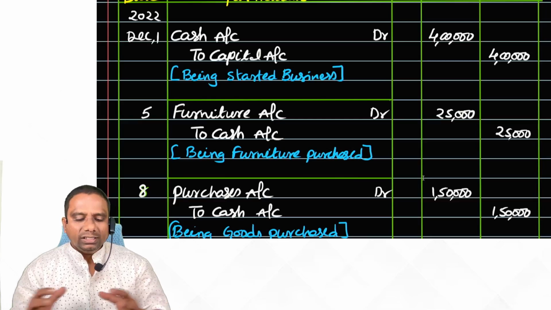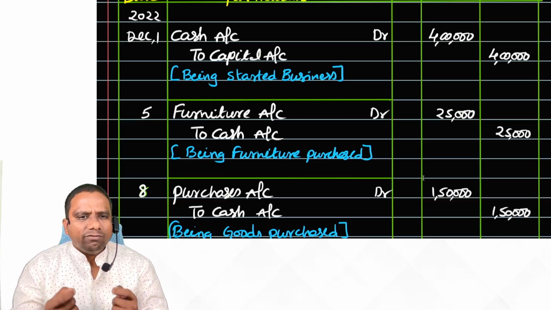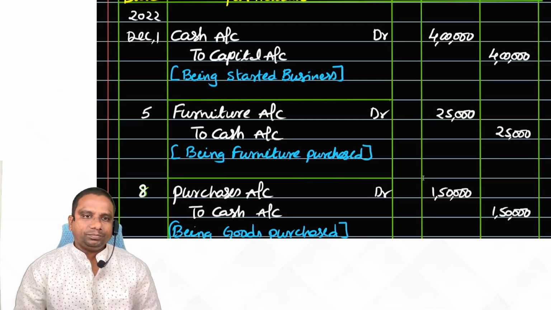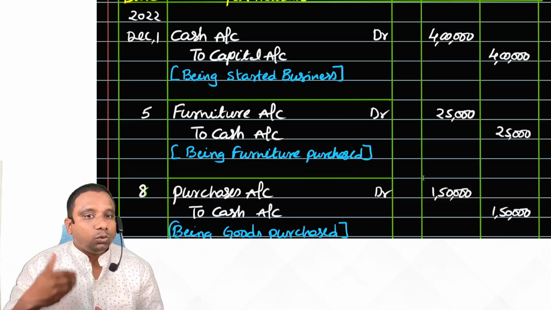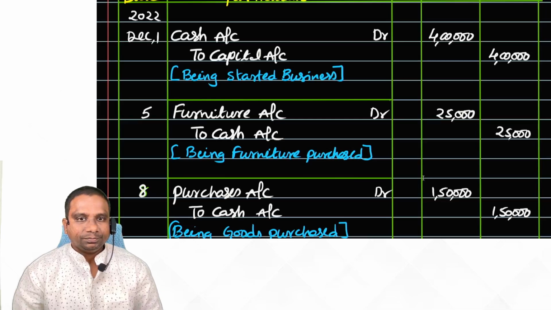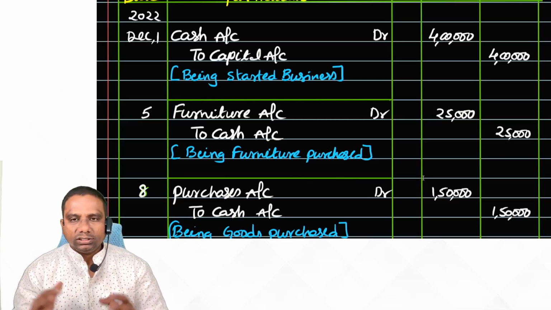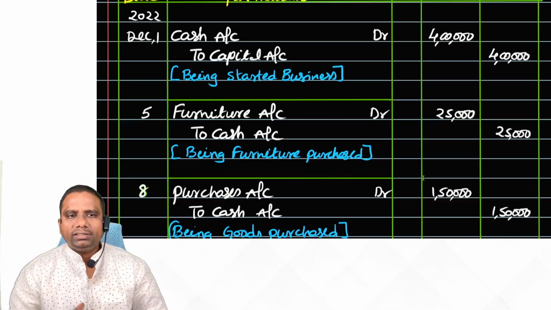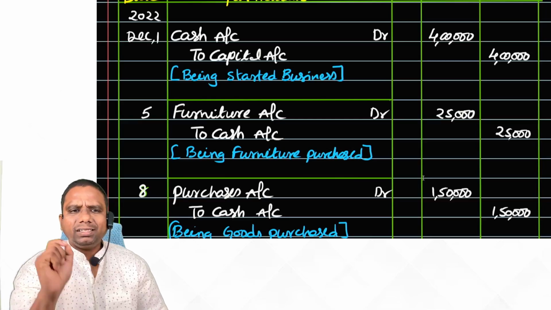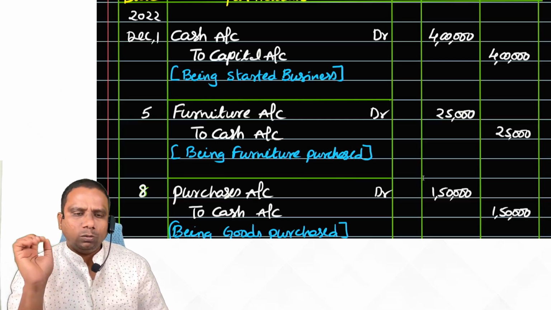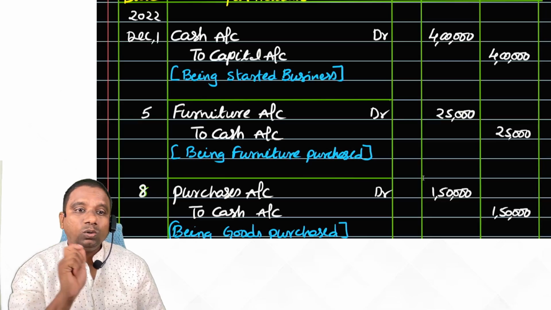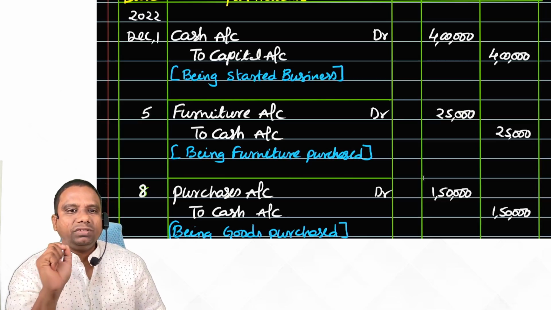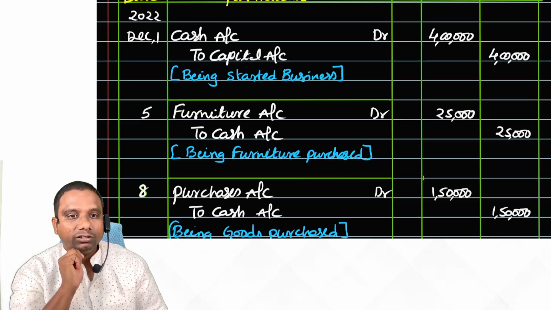In accounts, it is not possible to discuss each and everything in detail. In some places, you need to apply your common sense. Here we practice some hundreds of problems. When it comes to the exam, you may get a slightly modified problem. If you don't know how to deal with that slight modification, then it becomes difficult, students.